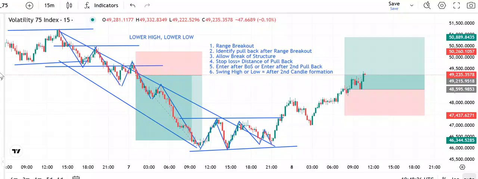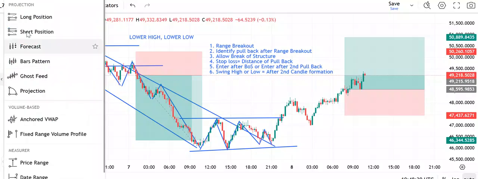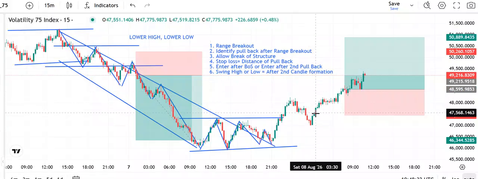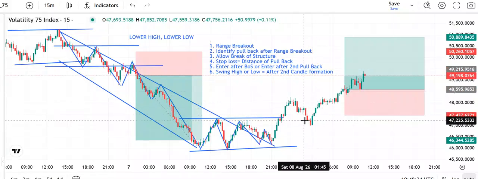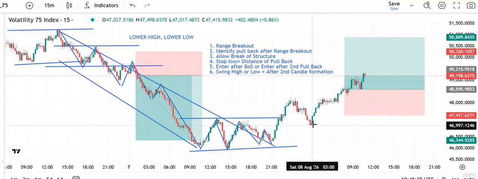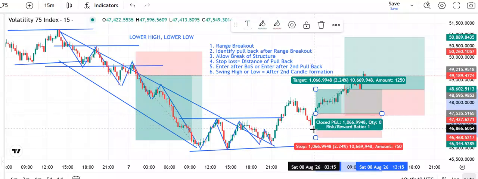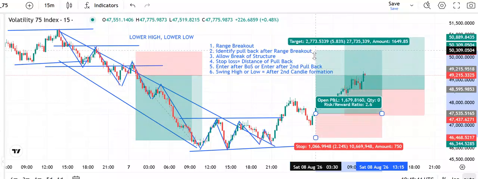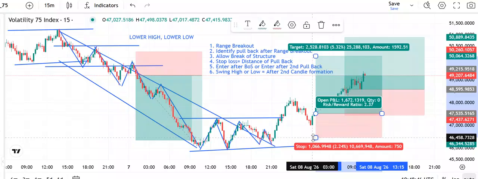So I could have entered after this second bullish candle to show that we have a bottom or a swing low form. So I could have entered here. Stop loss will be the measurement of this pullback.